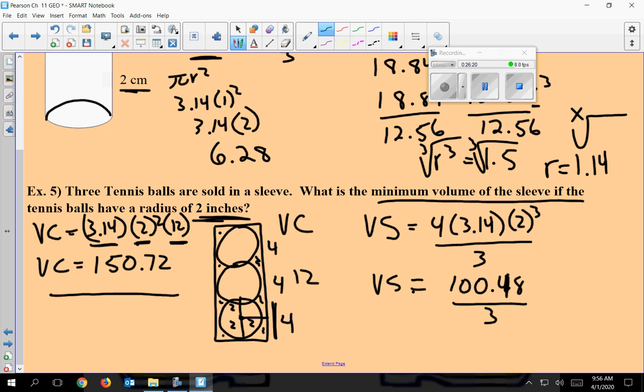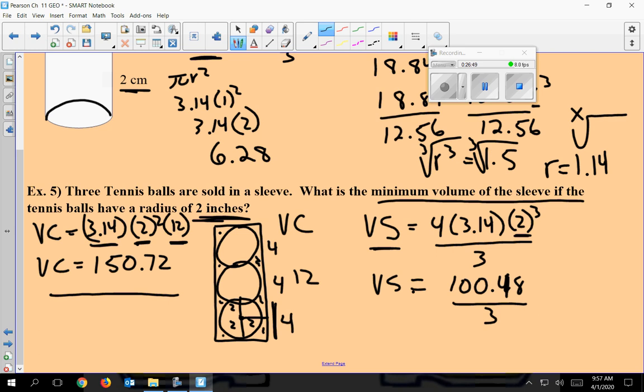Now over here, I did the volume of a sphere. To get the volume of one ball, the radius of the ball was 2 again. I cube it and multiply it by 4 times pi, and I get 100.48. And then I want to divide it by 3. That gives me the volume of one ball, which came out to 33 point something.